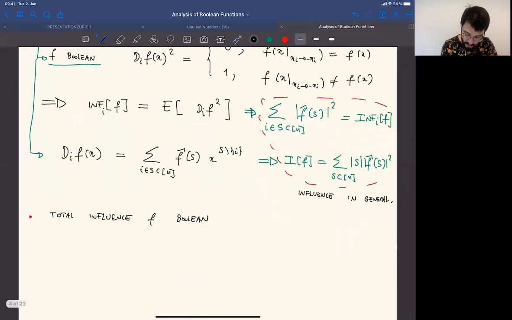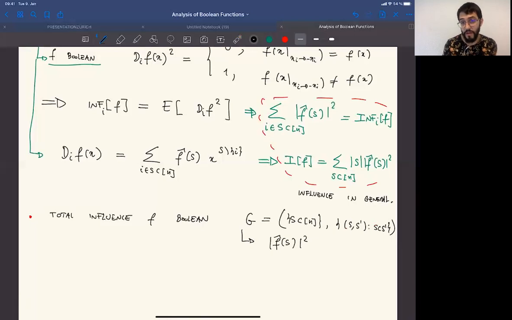But if f is Boolean, you can interpret it differently. So you have that graph G, where the vertices will be subsets of [n], and the edges will be given by inclusion, as I said. And you have here a distribution, which is given by this, because since f is Boolean, the sum of these things is 1.